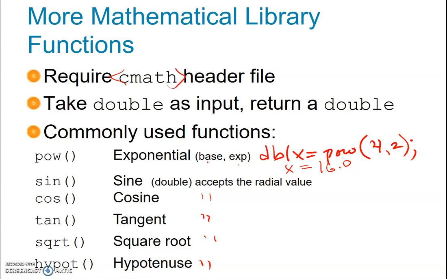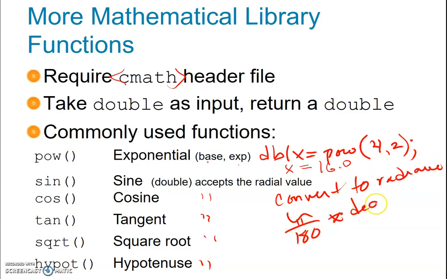Let's say I ask the user for a degree angle and I want to find the sine of the degree angle. I need to convert it to radians. Converting to radians is pi over 180 times the number of degrees. So we will use that formula, and you want to make sure that you have that in your notes.